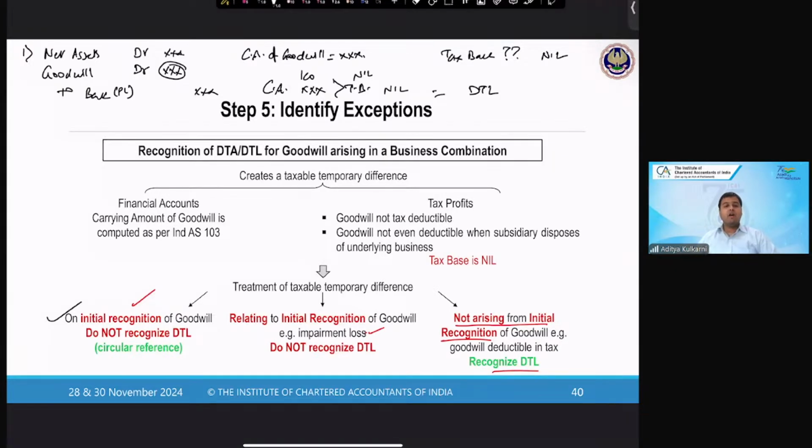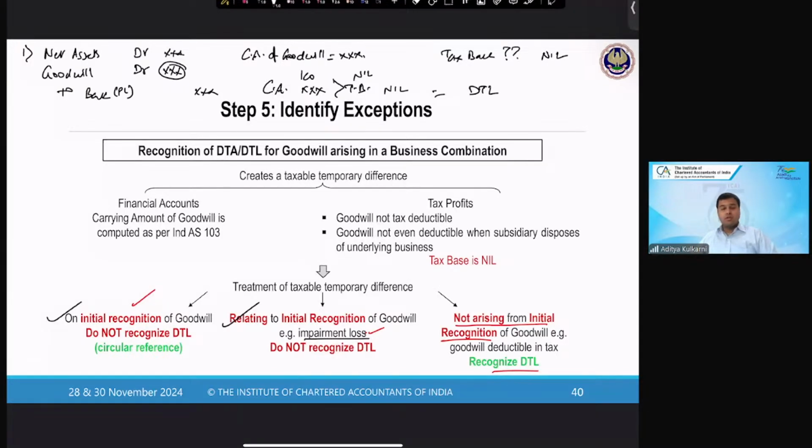Obviously, if I have not recognized DTL on initial recognition, anything in relation to the initial recognition, for example, impairment loss, you will not recognize the DTL in relation to an impairment loss because you have not recognized goodwill in the first place. So you will not recognize.